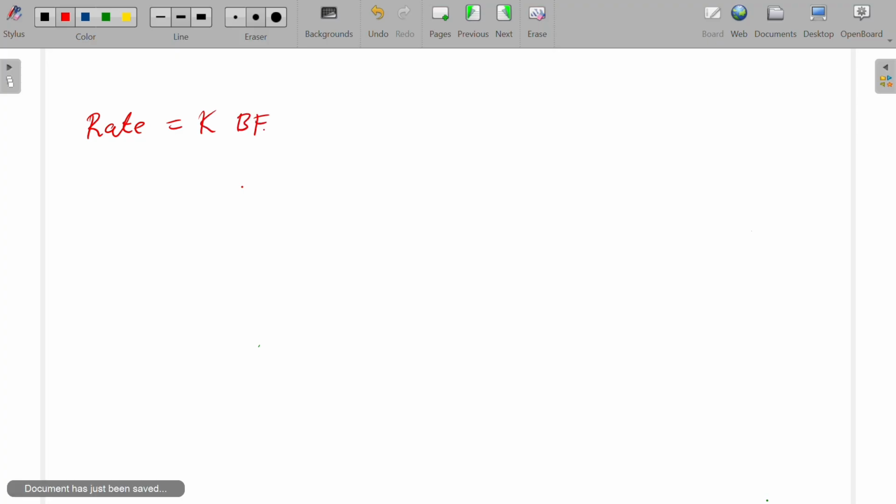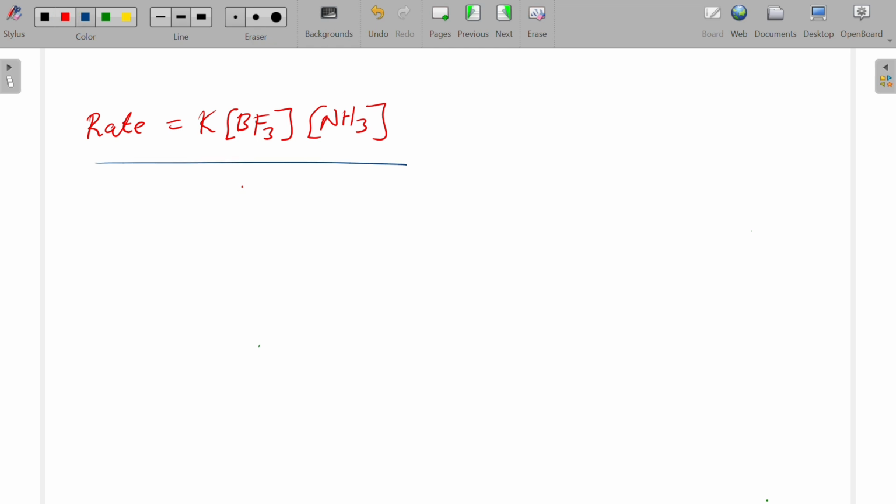So now our rate law will be: rate is equal to k multiplied by the concentration of BF3 to the power of 1, we found 1 there, multiplied by the concentration of NH3, also to the power of 1. But when the power is 1, we don't need to write it, so we can just leave it like this, and this will be our rate law for that chemical reaction.